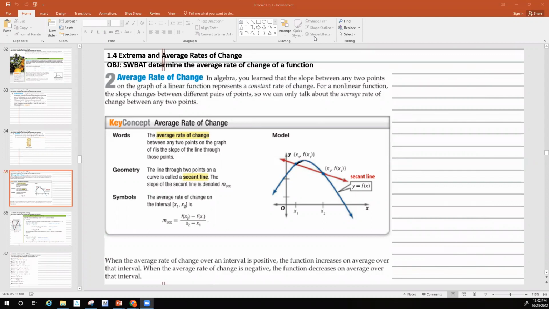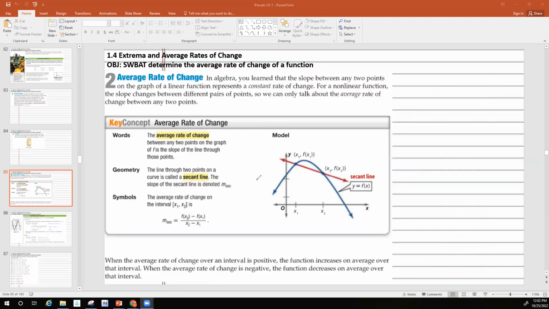Now the way to do that is just like in eighth grade math, when you talked about mean, median, and mode for finding the average, it's the same thing. You can also think about the slope.